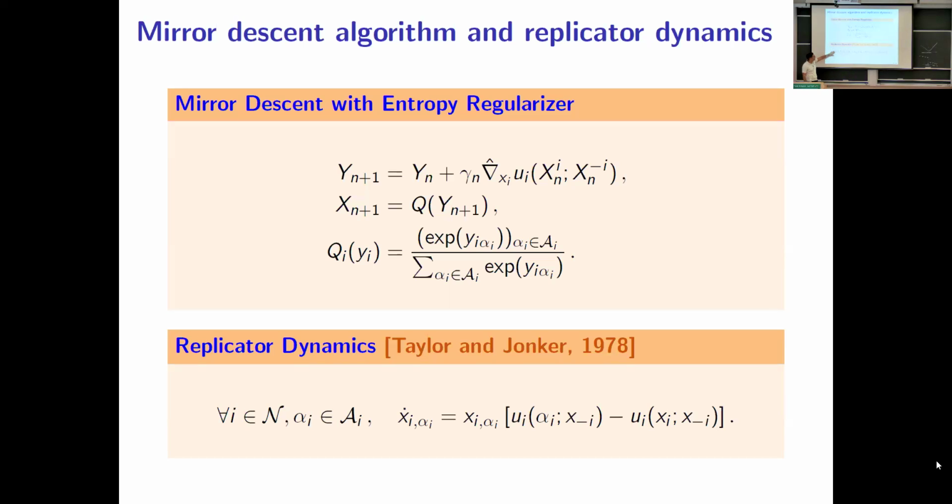It has been shown in the literature that this is related to the replicator dynamics, which is also very well-known dynamics in dynamical systems. It was proposed by Taylor and Jonker in 1978 in the context of ecology, biological systems. Basically, you have populations of different species, and some of them will survive or get extinct.